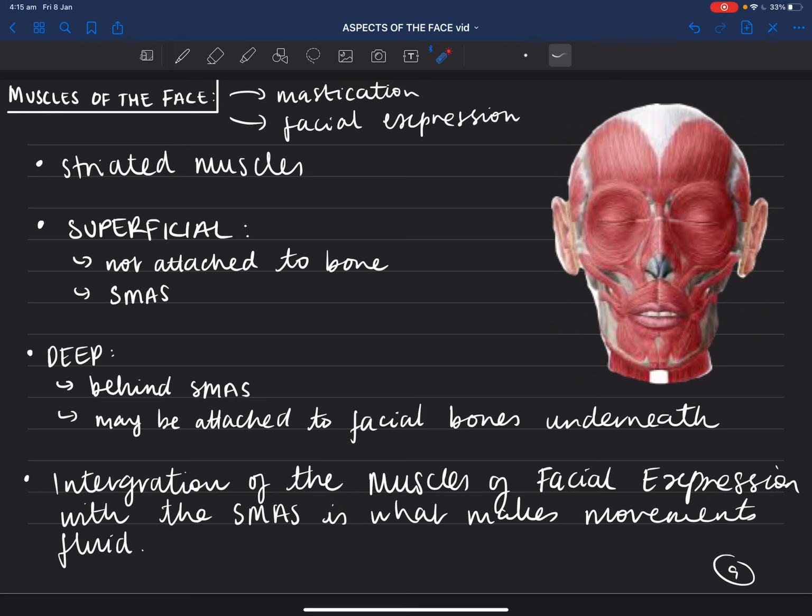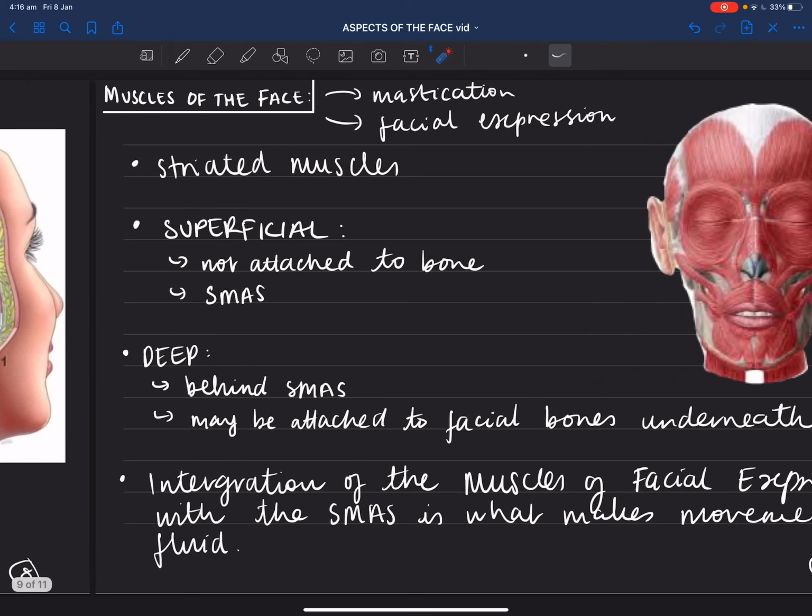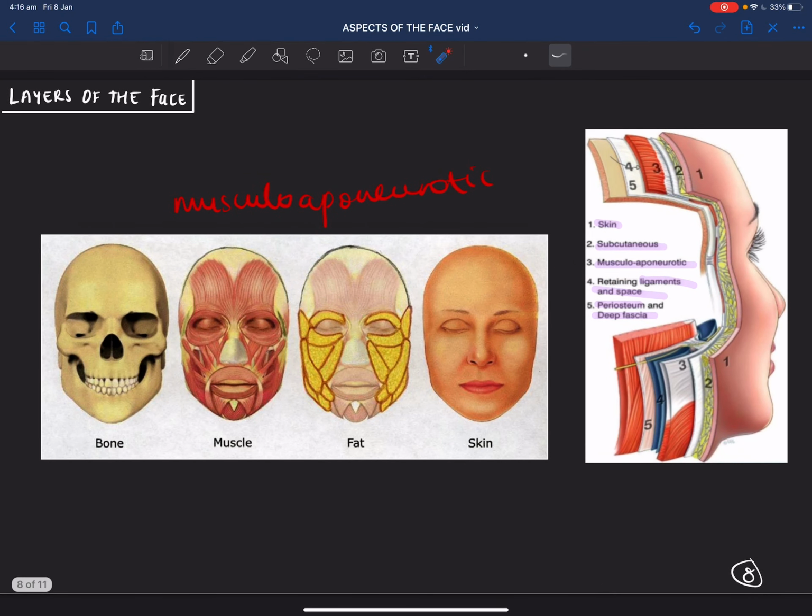And there are actually two types of muscles like we talked about before. Superficial muscles are not directly attached to bone, and they include the superficial muscular aponeurotic system. And we have the deep muscles. So we can see here the superficial muscles, including the SMAS, and the deep muscles here.